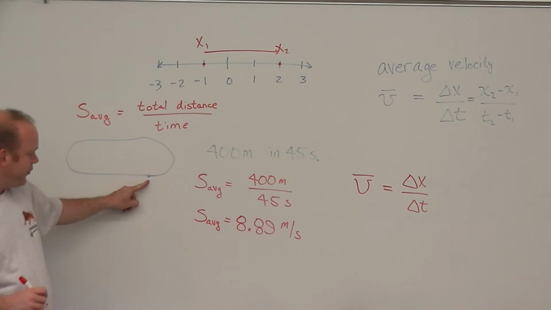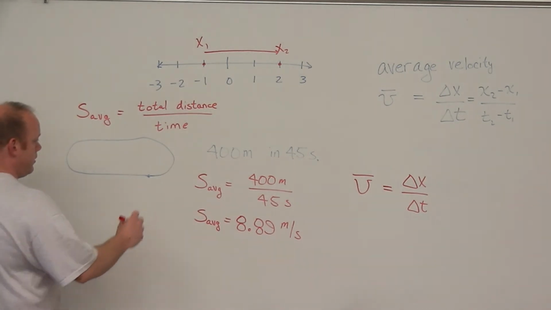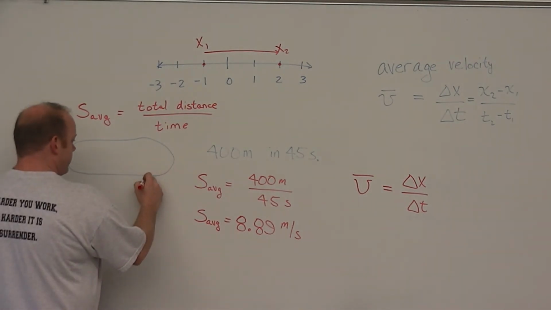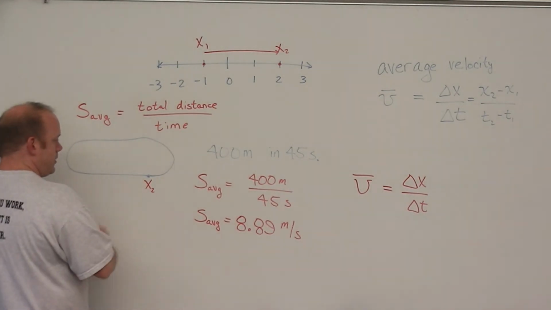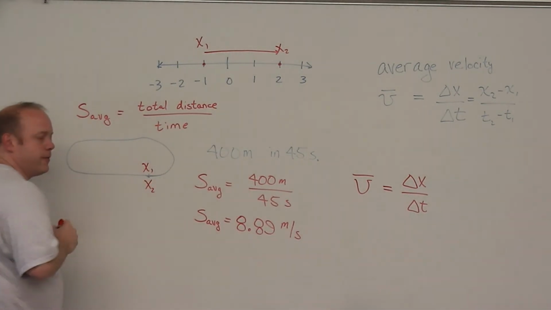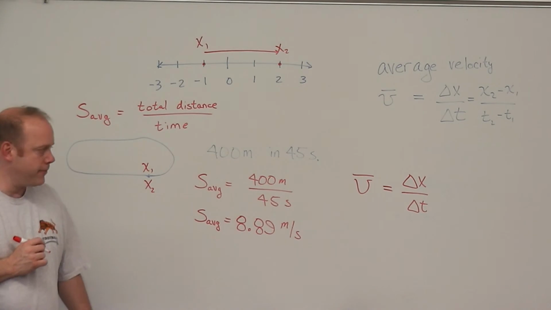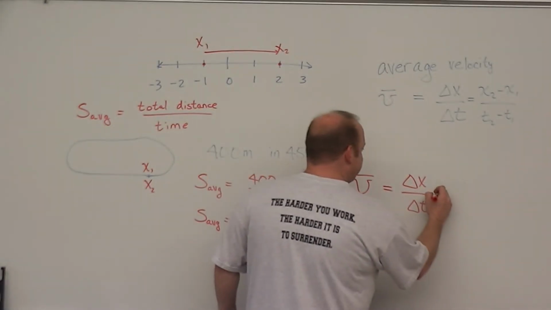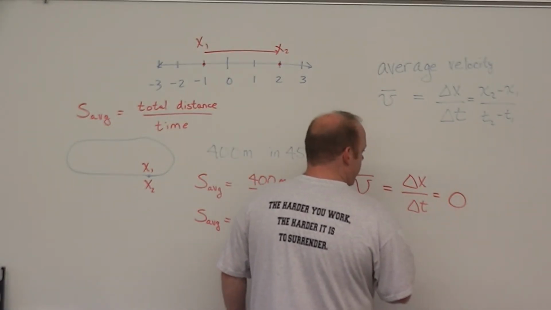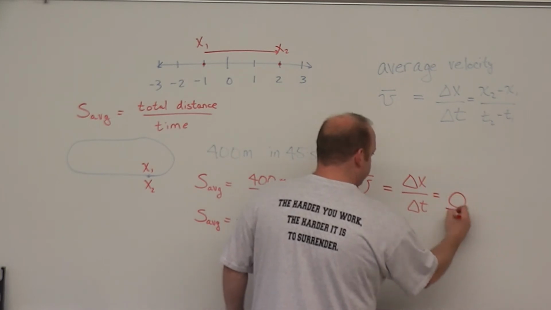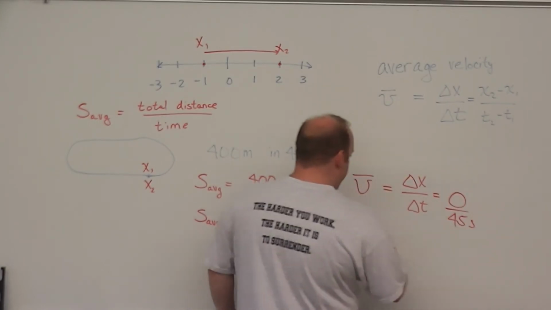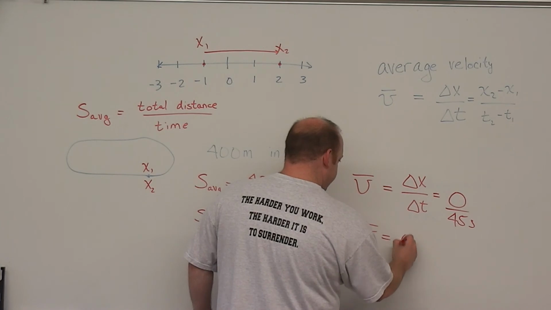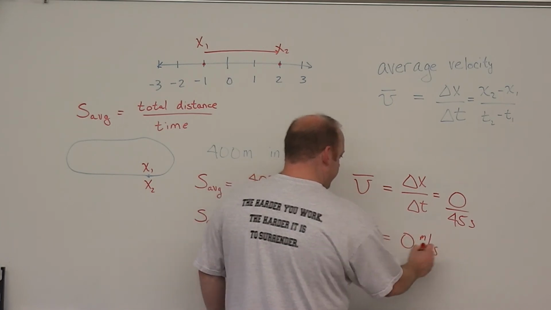Well, x2 is here. Okay, that's where I end. x1 is also here. That's where I start. So now my delta x is equal to 0 over 45 seconds. So my average velocity is equal to 0 meters per second.